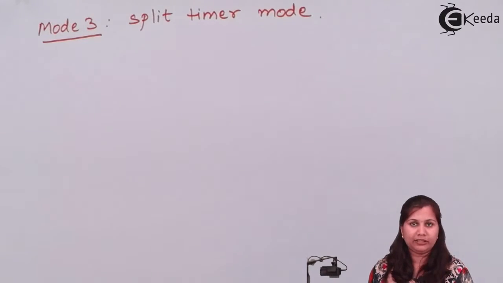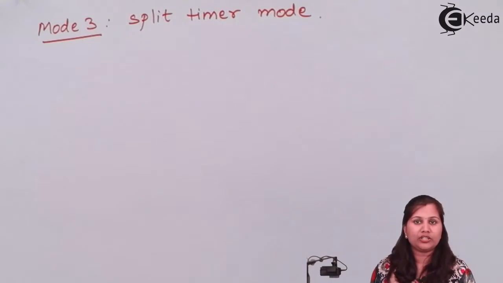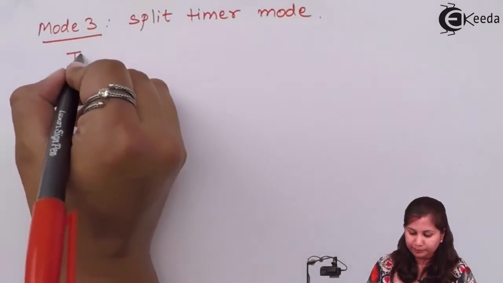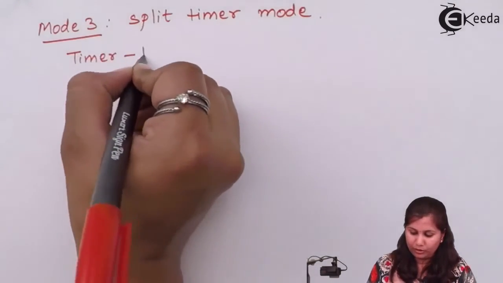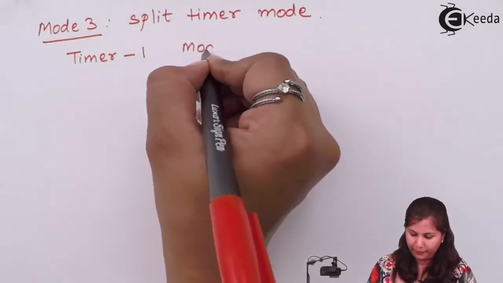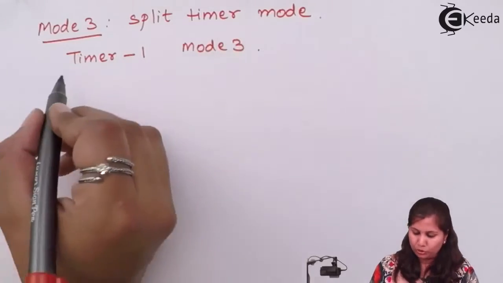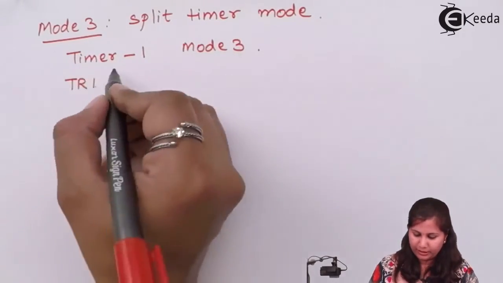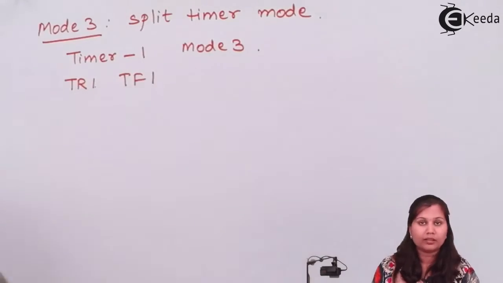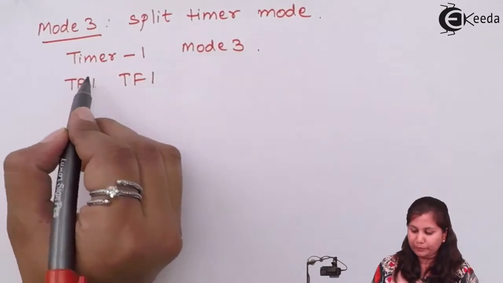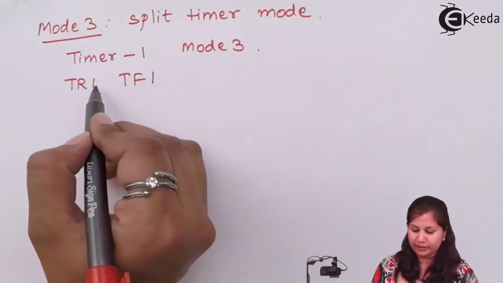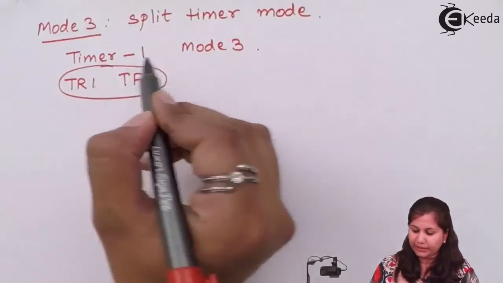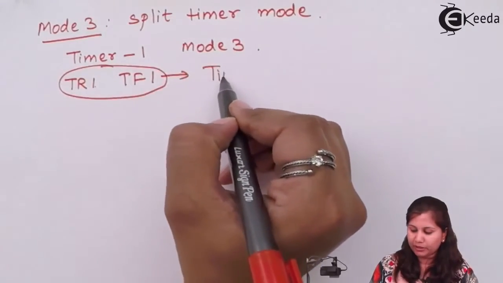They will collectively work. Suppose that we have initialized timer 1 in mode 3. Due to this, the bits TR1 and TF1, that is the timer control bit and the timer overflow bit of timer 1, will be used by timer 0.